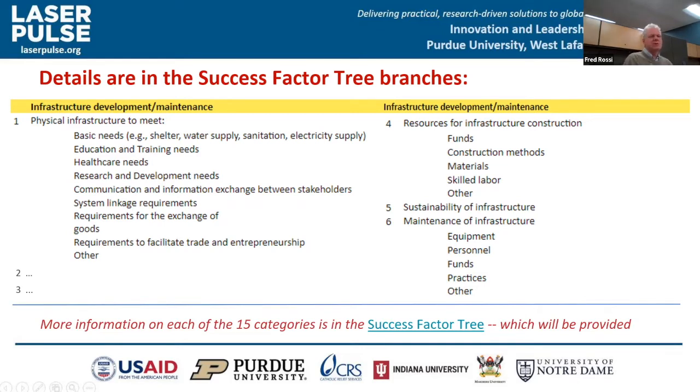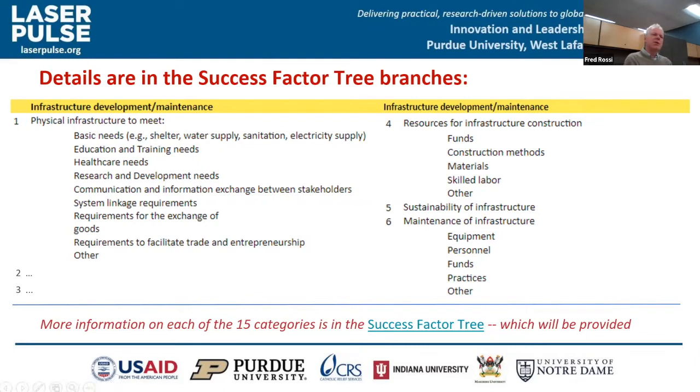And so there's several sub branches here. Physical infrastructure that needs to be met, like basic needs, education and training needs, healthcare needs, R&D. We're also looking at resources for infrastructure construction, funds, construction methods, materials. Sustainability of infrastructure and maintenance of infrastructure are also key branches here.